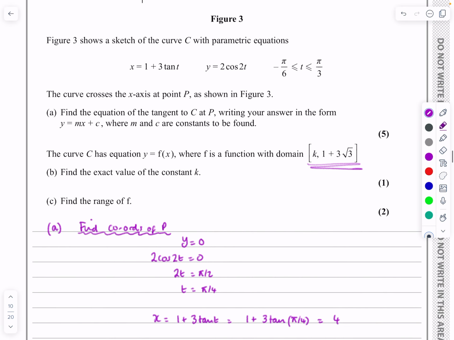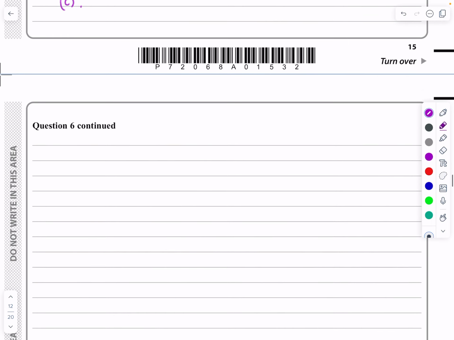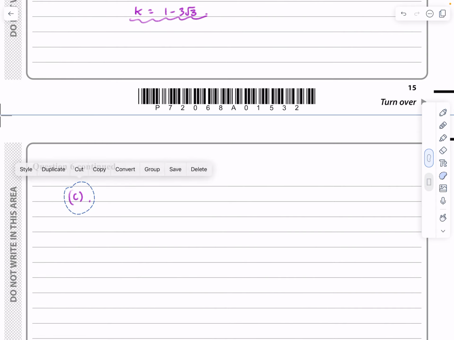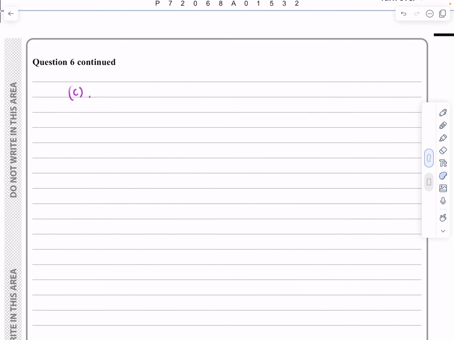We're going to do basically the same idea. It says find the range of f. So the range of f is going to be, what does 2 cos 2t look like? Well, let's actually sketch that out again. Let's just move this down here. Okay, so if I've got y equals 2 cos 2t, right, what does cos look like now?